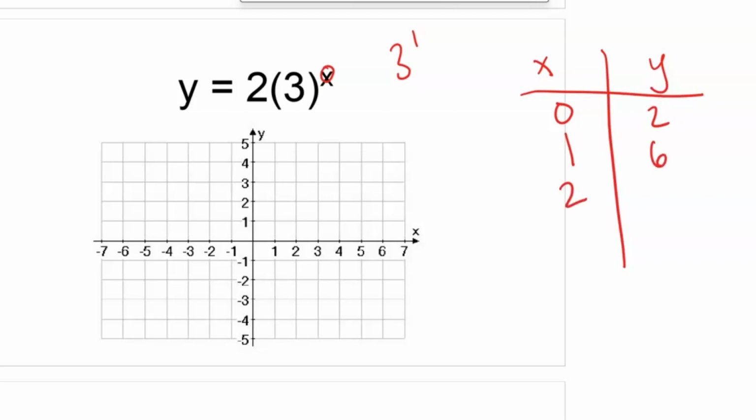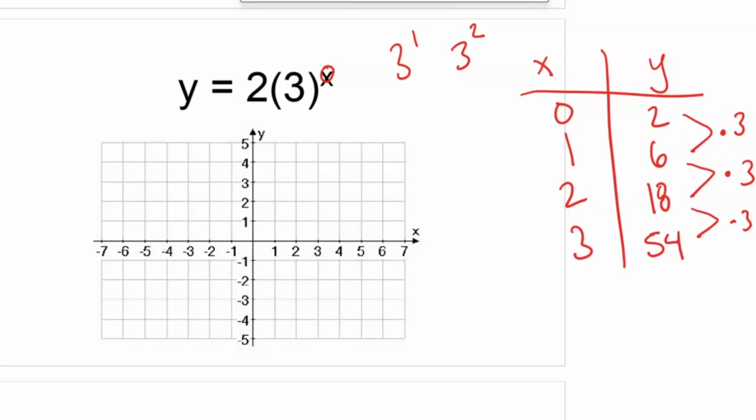And when x is 2, we'll have 3 squared, which is 3 times 3, which is 9, and then 2 times 9 is 18. So that's just plugging the numbers into the equation, but then you can also see our pattern over here. We're multiplying by 3 every time. 2 times 3 is 6, 6 times 3 is 18, and we had our table earlier, 18 times 3 is 54.